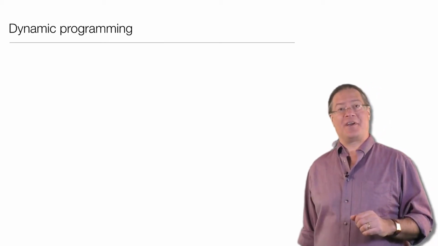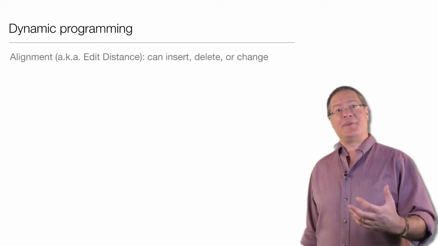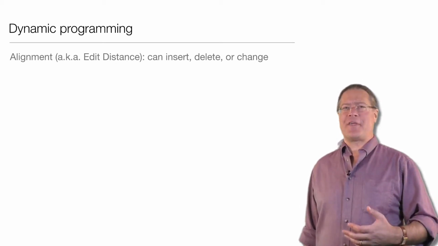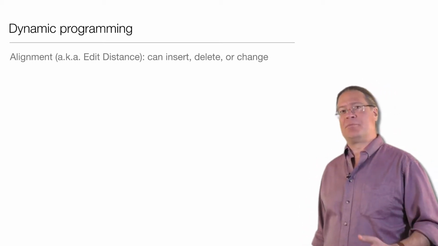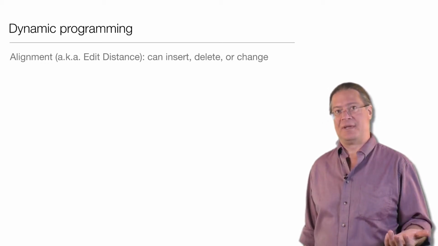I'm going to illustrate it with a problem which is very important in genomics. Namely, if I have two variants of a genome, we know that they're not going to be identical. These might be related species. They might even be two individuals of the same species.